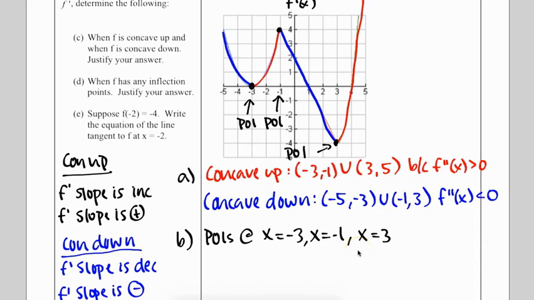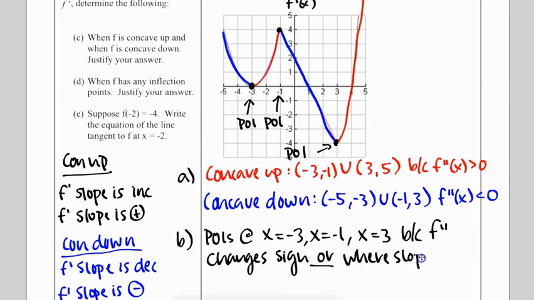That's where f double prime changes sign, or that's where the slope of f changes sign. All right, lots of writing on here.